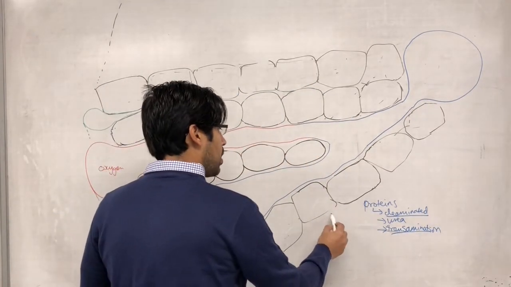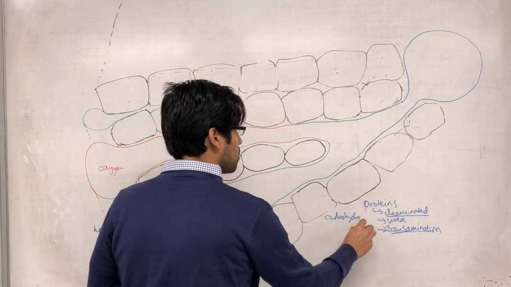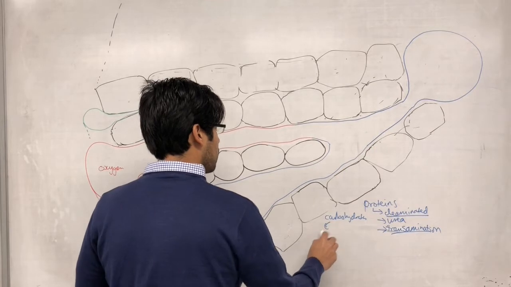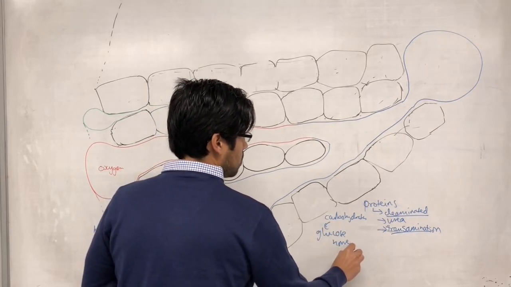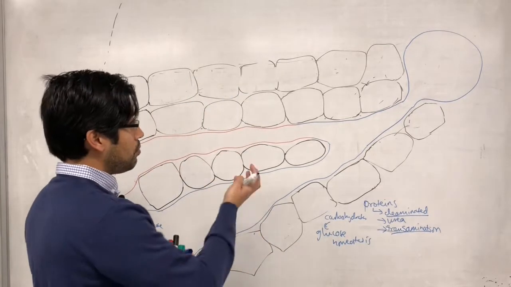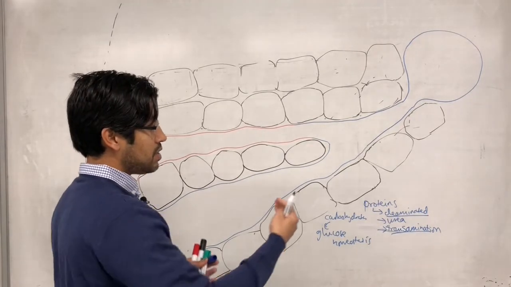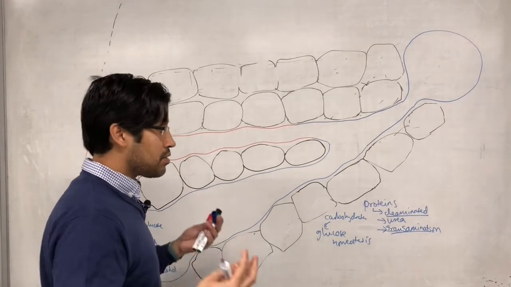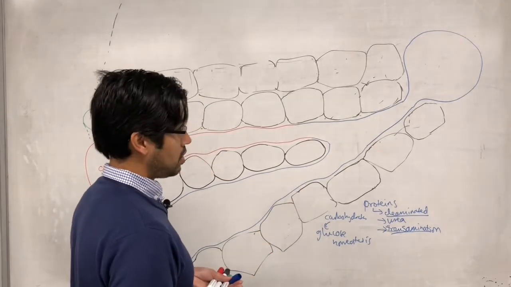In relation to carbohydrates, we have glucose homeostasis, i.e., raising or lowering blood levels. So if there's insulin in the blood, we need to lower the blood glucose levels.